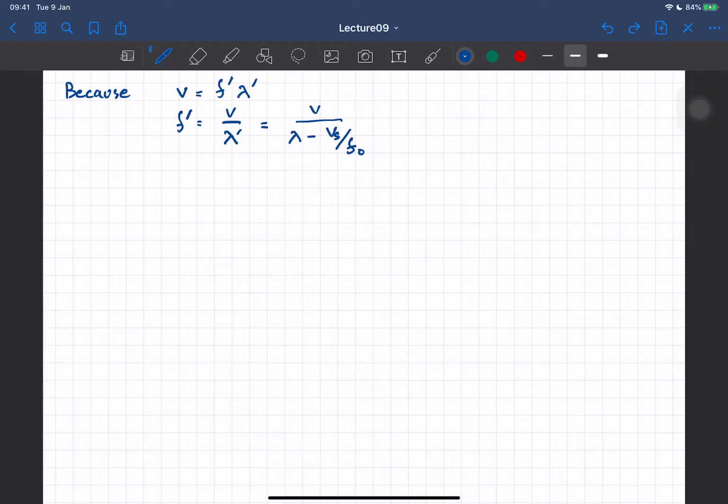The rest is just tidying this up to make it a little easier to read. So I'm going to multiply by 1, and my 1 is going to be f0 divided by f0. This is to tidy things up a little bit.